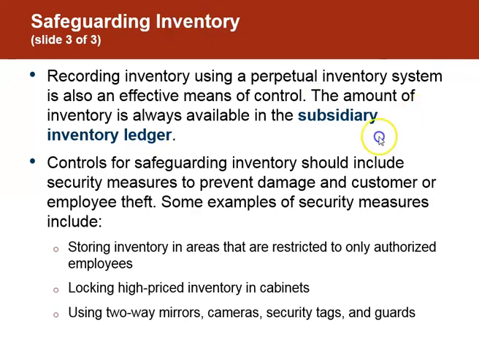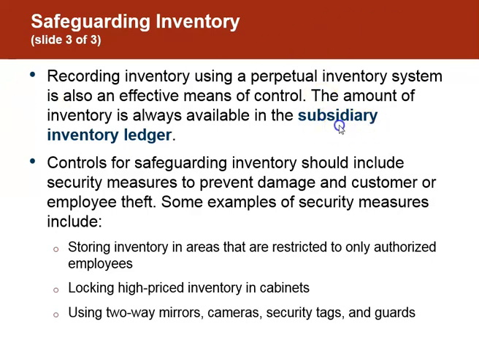And so what these subsidiary ledgers do is allow you to look up one individual piece of inventory and say, okay, in the last 1 week, I've sold 7 of these, and now I have 3. Well, that's a pretty good indication that you probably need to order some more.